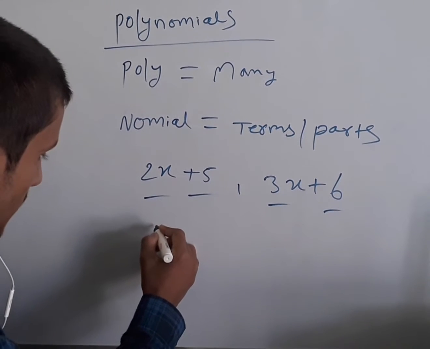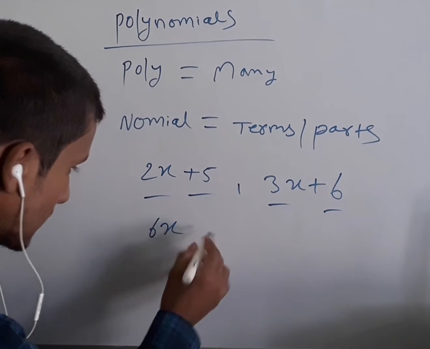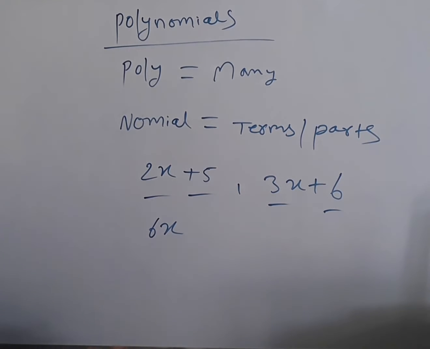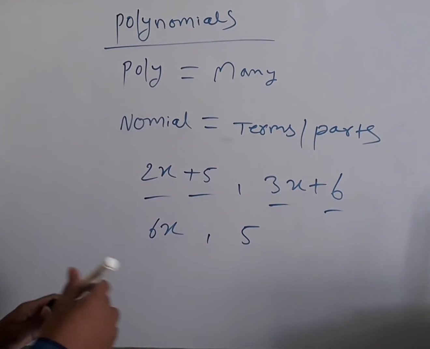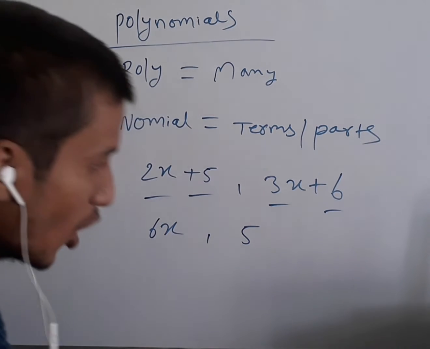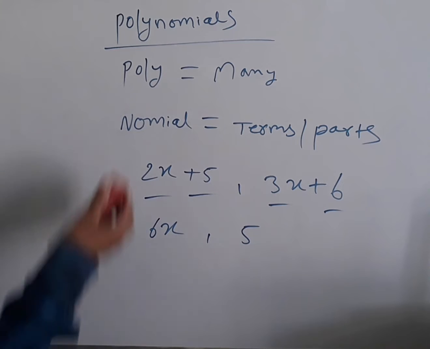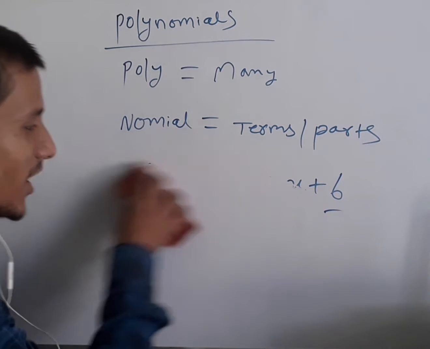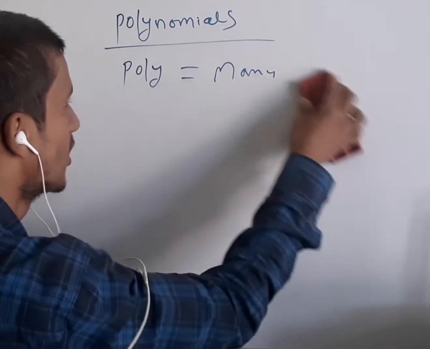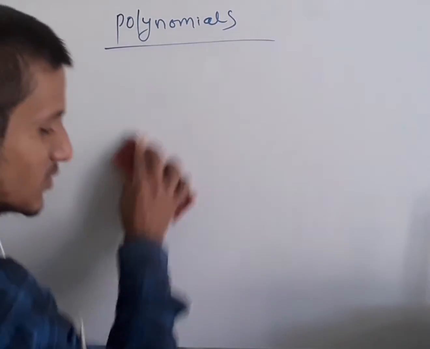For example, 6x is also a polynomial, and this is known as a monomial. If you have just a number like 5, this is also a polynomial, also known as a monomial. That was its etymological meaning. Now let's talk about the real meaning. What is a polynomial then?